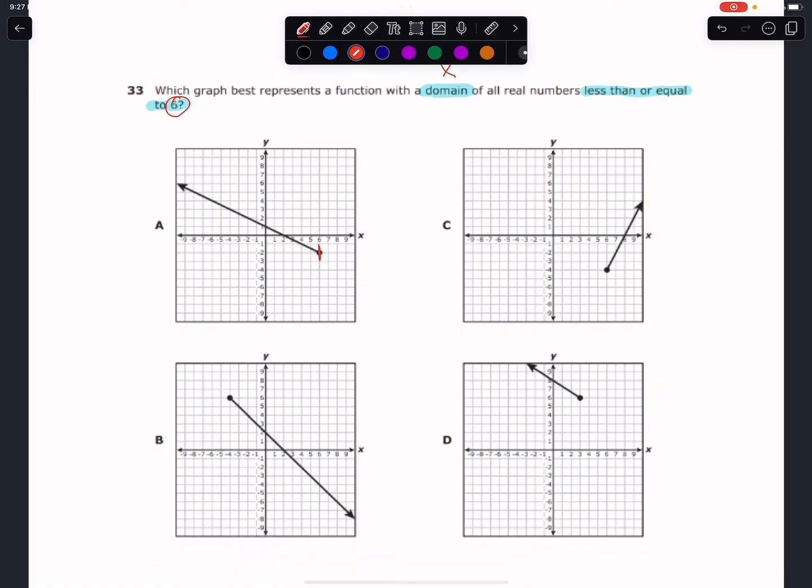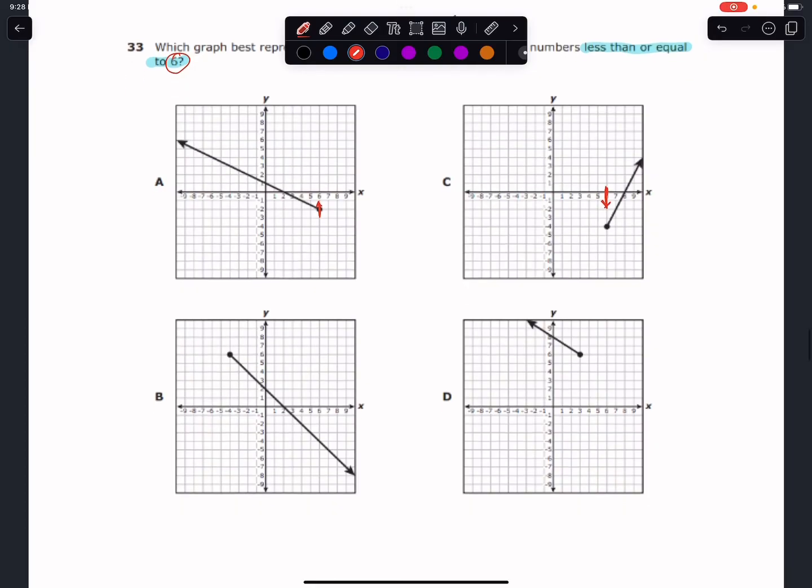This dot is at 6. That could be an answer. This dot is at 6. That could be an answer. This dot is at -4. That can't be an answer. And then this dot is at +3. That can't be an answer.